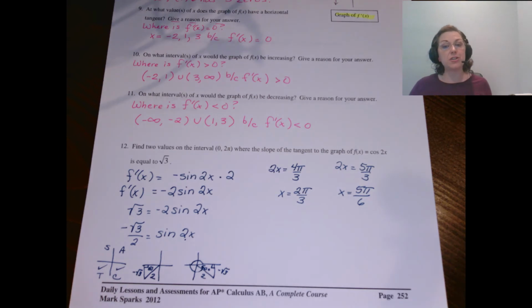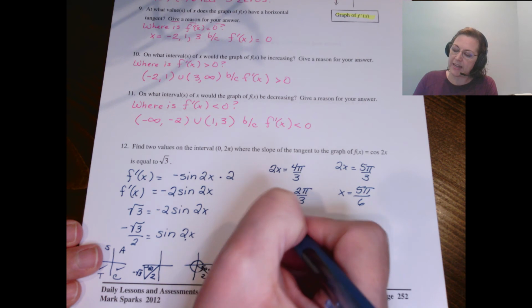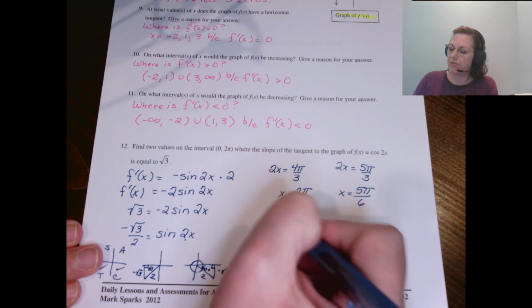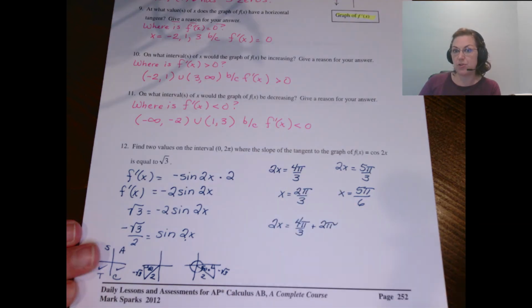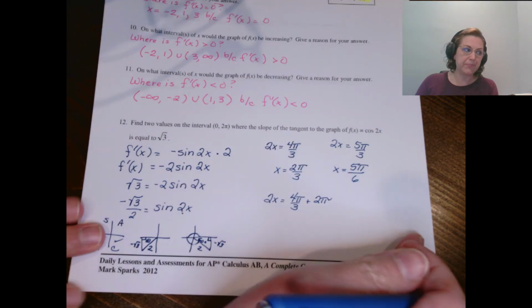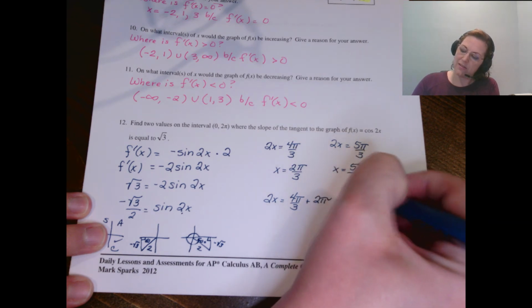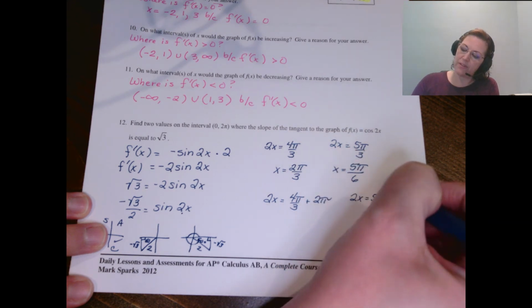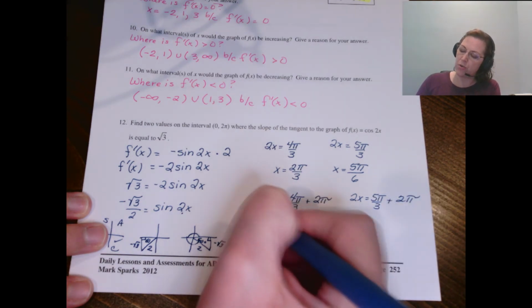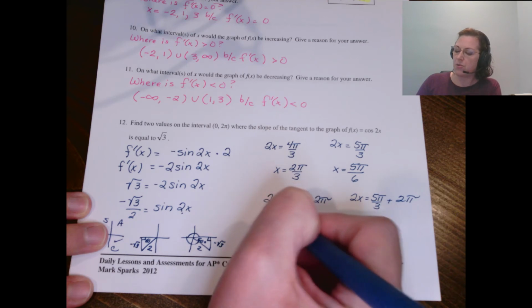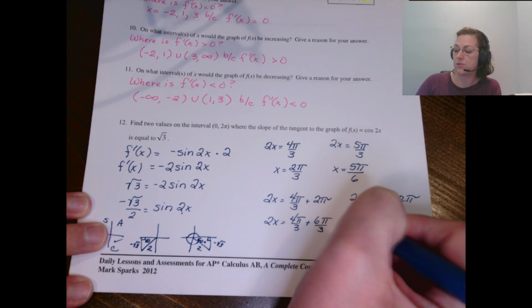Now, friends, there are two more of them if you want to find them. You can take 2x equal to 4 pi over 3 and add a 2 pi to it. You'll find the second one this way. And do the same for this one. Now, the problem only asks for two of them, so all that I'm doing here is totally extra. You don't have to do it, but I've had some students who ask, how do I find those other two?